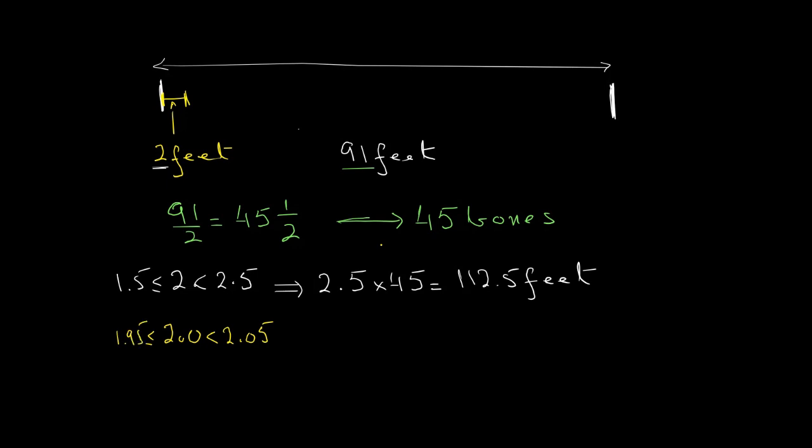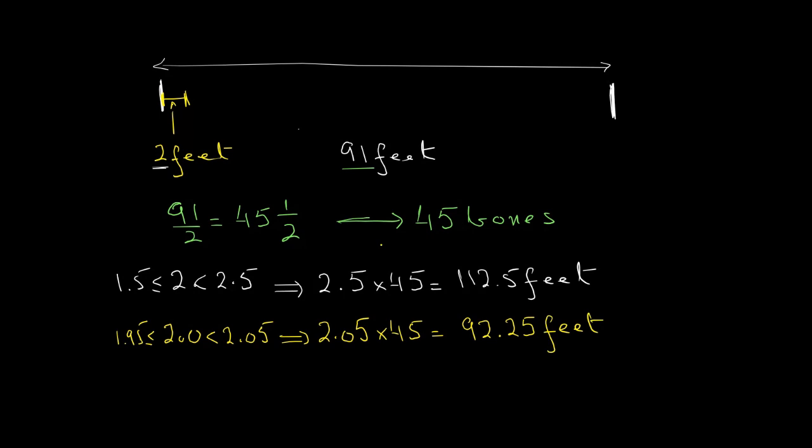I don't worry about the lower bound, I care about the upper bound. When you multiply this by 45, you'll find that the answer turns out to be 92.25 feet. That again will not fit into your container, because this is 92.25 feet and your container is only 91 feet.